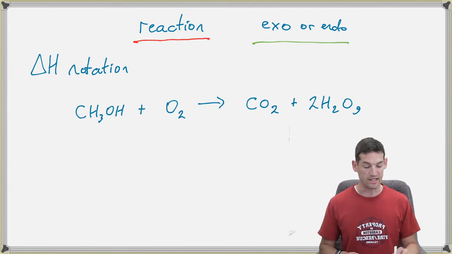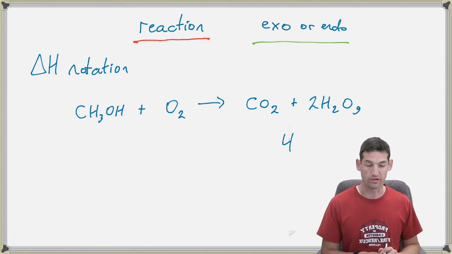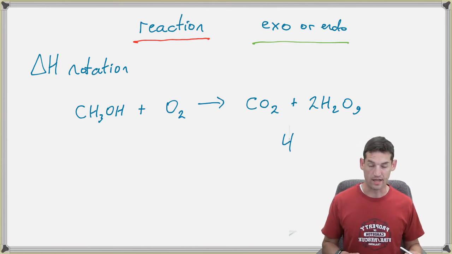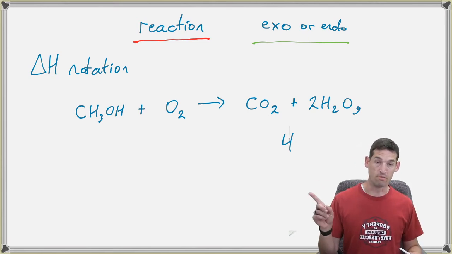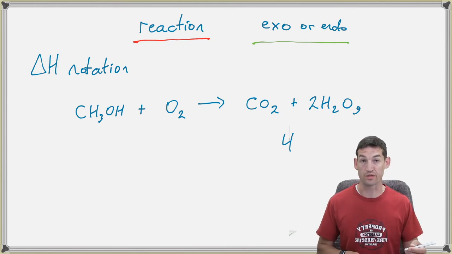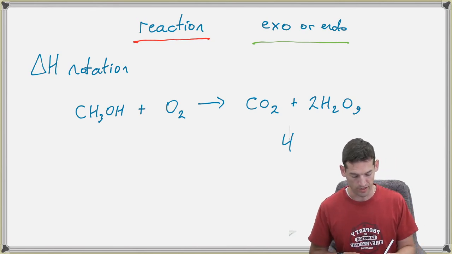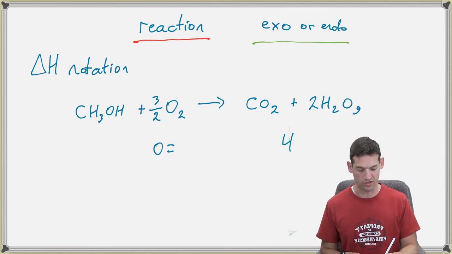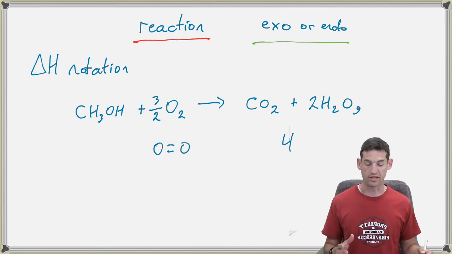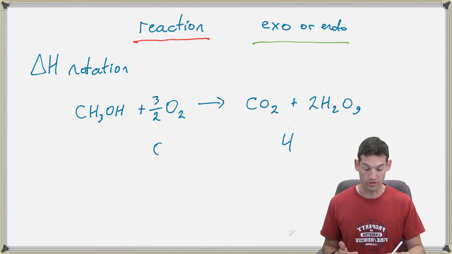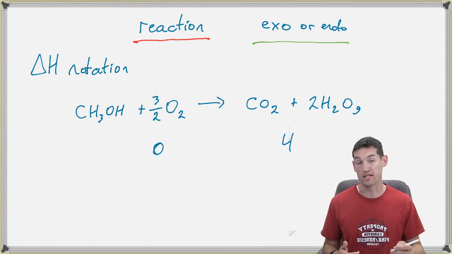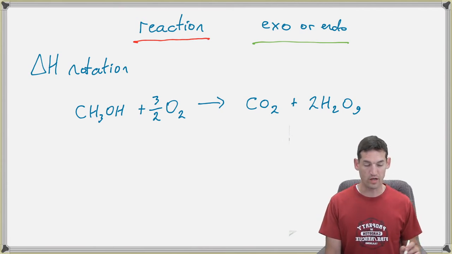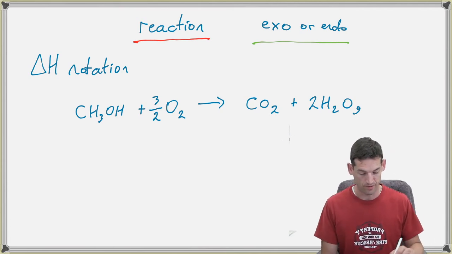So I need 4 oxygen, that's what I've got over here, 4. 2 from the water, 2 from the carbon dioxide. And I've already got 1 in the methanol, so I really only need 3 more. So I could put here 3 halves, because remember oxygen is 2 O's double bonded together, so half of an O2 is just an O, and I need 3 of those. So that's where that comes from.